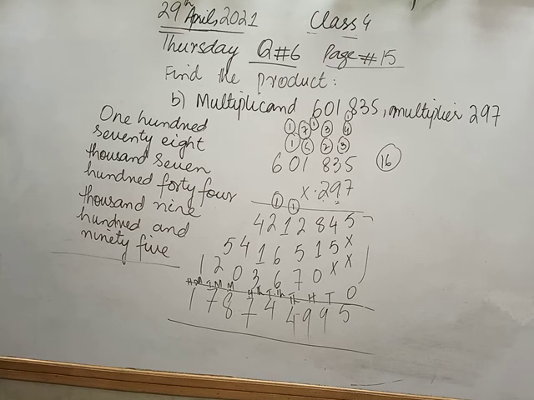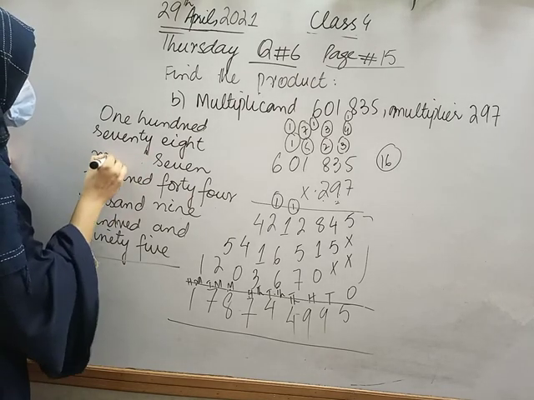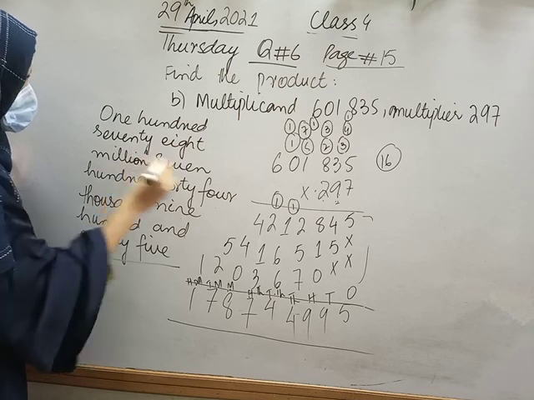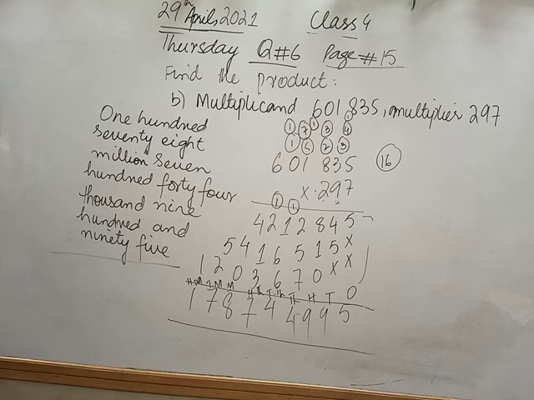Okay, this is how we can read it in words: 178 million, 744,995. So class, this is all which is related to question number 6. If you find any difficulty, you can ask me. Thank you. Allah Hafiz.